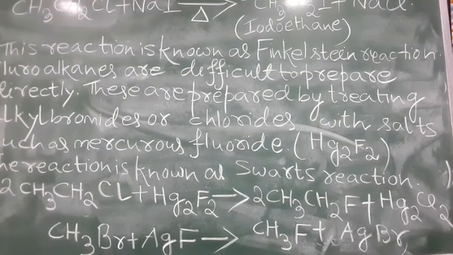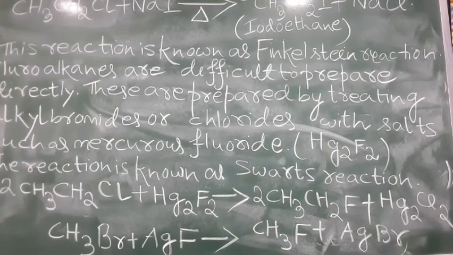Now children, I would like to draw your attention to the fact that fluoroalkanes are difficult to prepare directly. So these are prepared by treating alkyl bromides or chlorides with salts such as mercurous fluoride, Hg2F2.